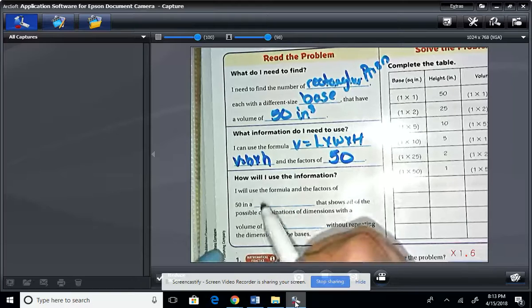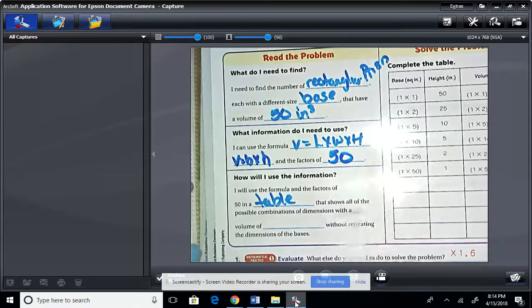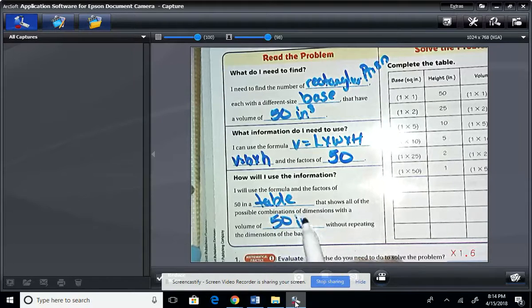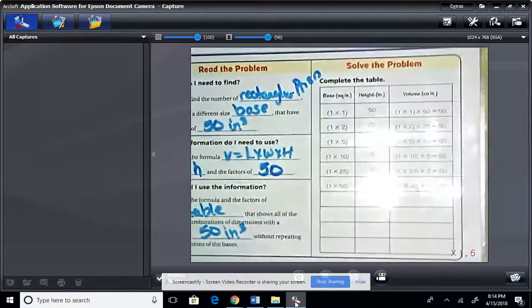So I'll use a table to help me make sure I get them all, and that show all the possible combinations of dimensions with a volume of 50 cubic inches without repeating. All right, so here's how we started off.